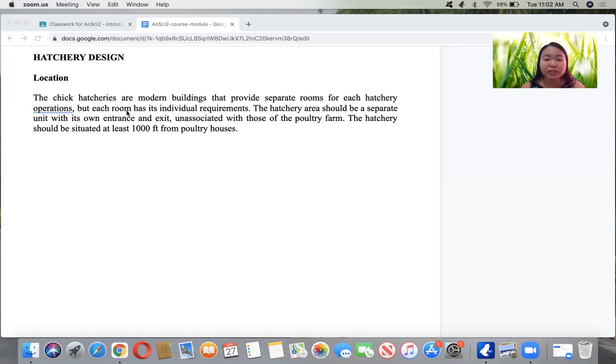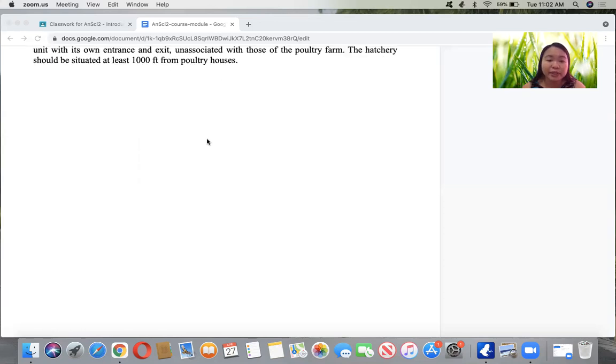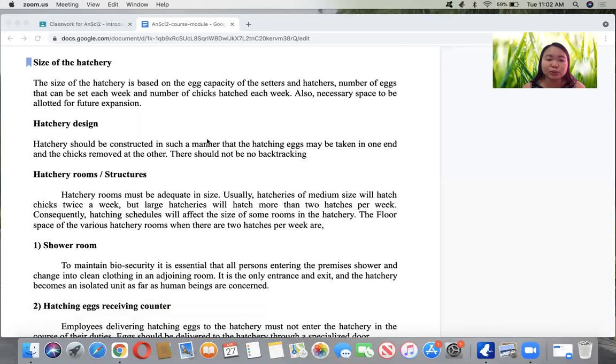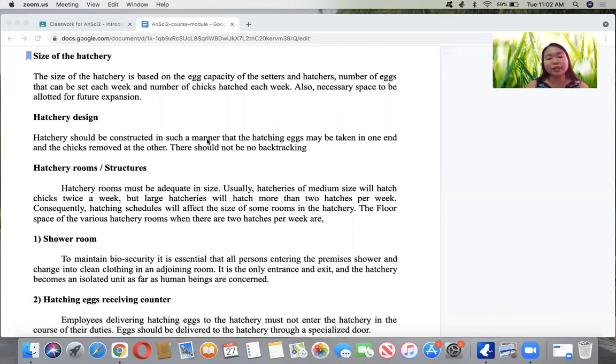The hatchery area should be a separate unit with its own entrance and exit, separate from those of the poultry farm. The hatchery is situated at least 1,000 feet from poultry houses. So it's quite far, and that is to protect from pests and diseases occurring.